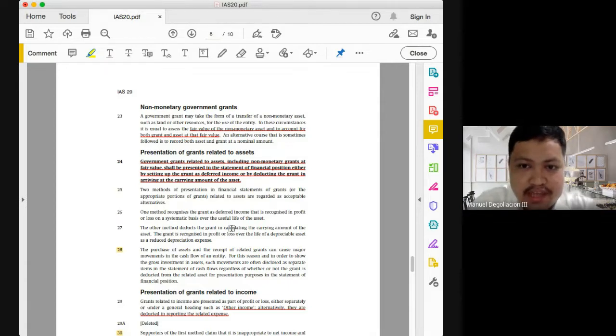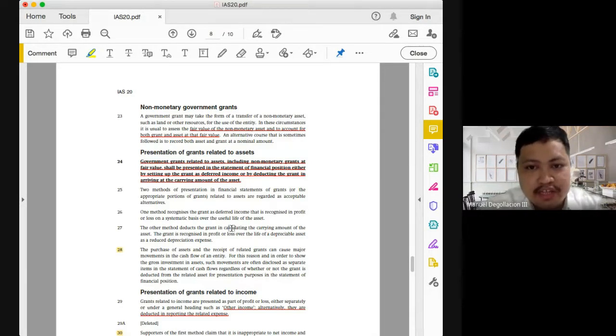If you do not deduct it, class, then your depreciation expense on the building will be based on the 20 million, and that is okay because your profit or loss will not be significantly affected, because at the same rate you will also be recognizing your grant income. Okay, but if you use the second approach, you do not report the building at 20 million, you will only report it at the reduced carrying amount, which in our case is 10 million.